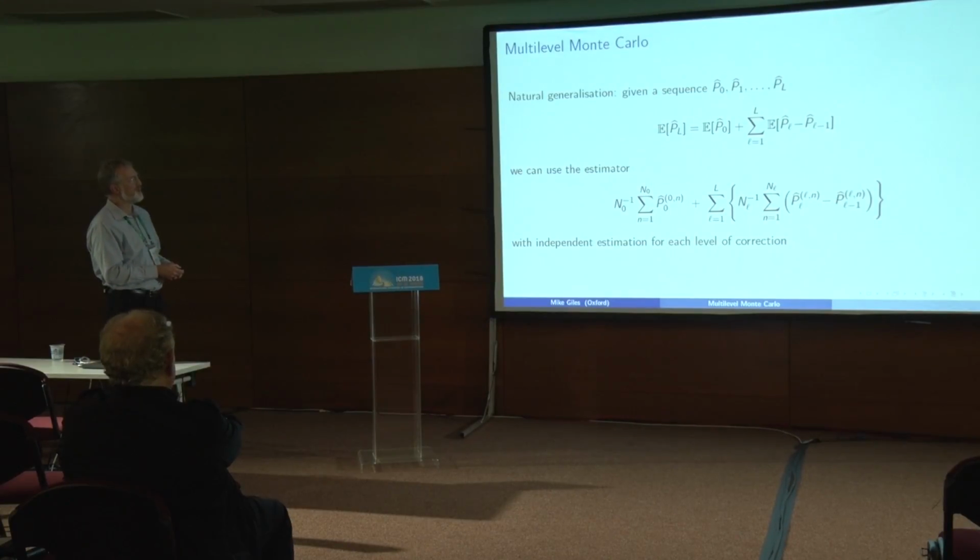And so we have this decomposition as the expected value of p hat 0 plus this telescoping sum of corrections. And each of these corrections will be independently estimated. So we have this estimate for the first term, and then a sum of estimates for the expected correction on each level. Okay.